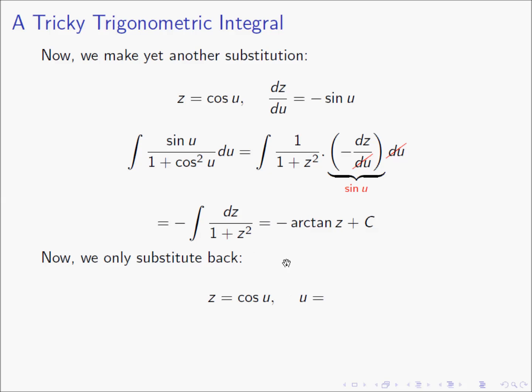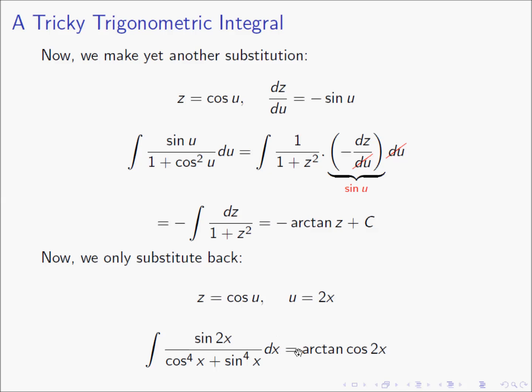And if we rewind, we'll find that u was defined as 2x. So for the final answer, here I forgot to put the minus sign: minus arctangent of c, where c equals cosine of u, and u is 2x. So we get minus arctangent of cosine 2x plus C.